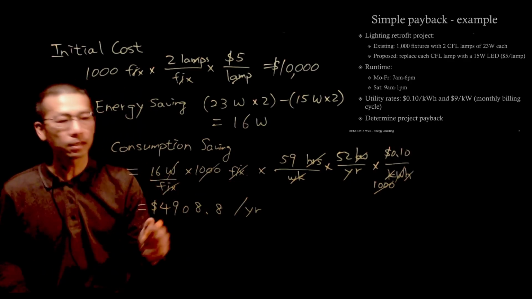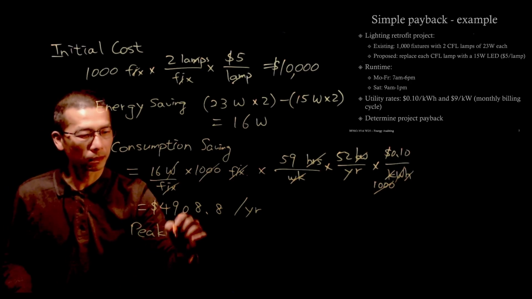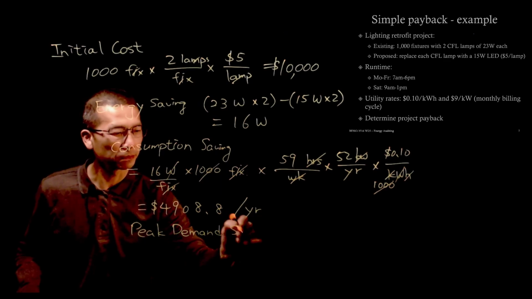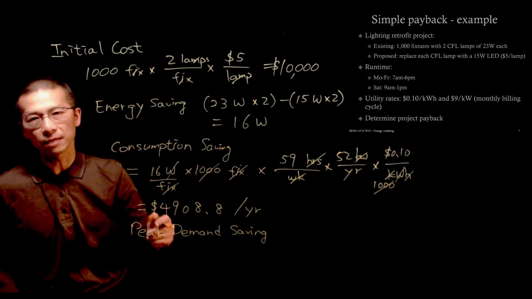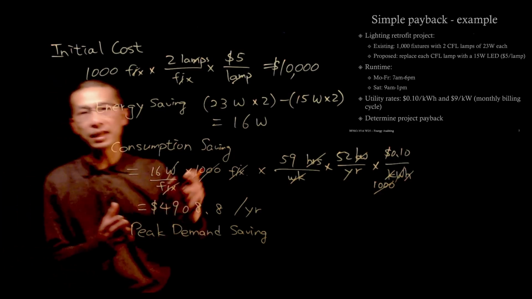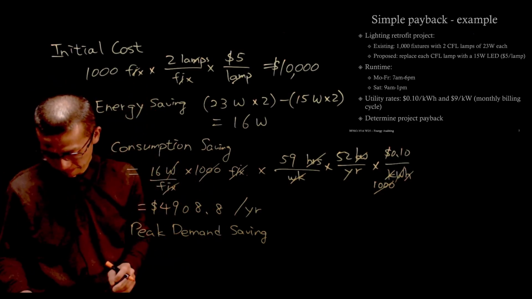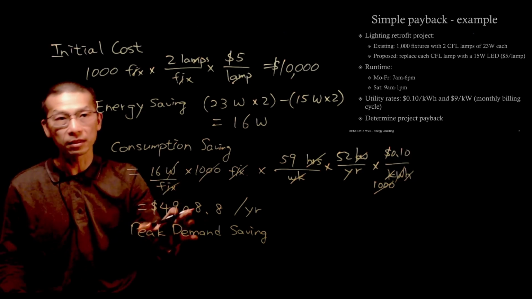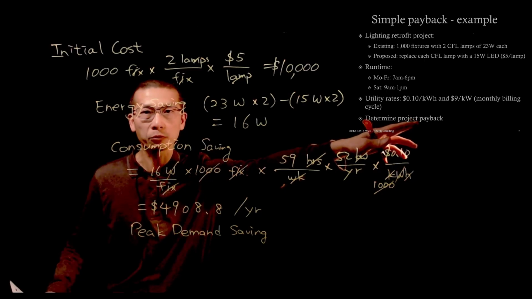The peak demand savings. That's how much the lighting use increases the peak demand, and therefore we have to pay $9 per kilowatt. Okay, and this is billed monthly, right? You can see monthly billing right there.